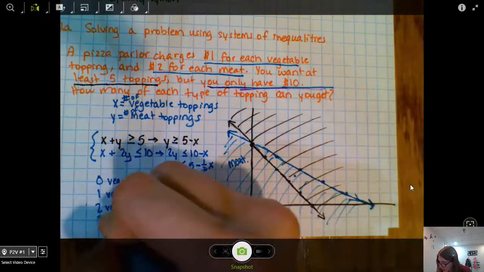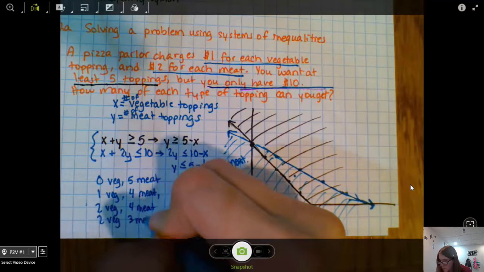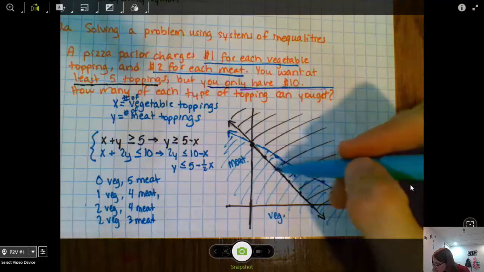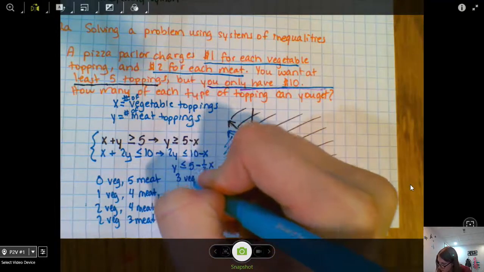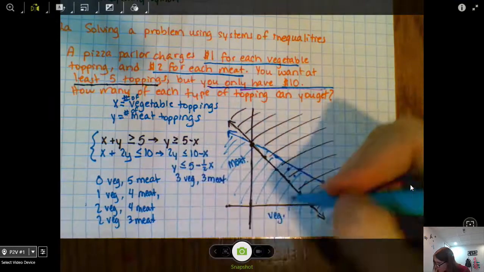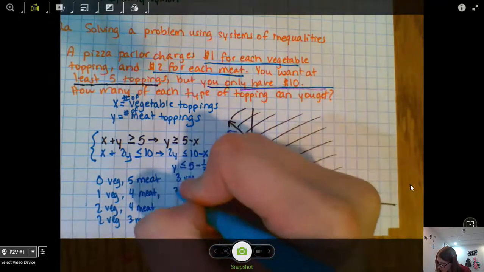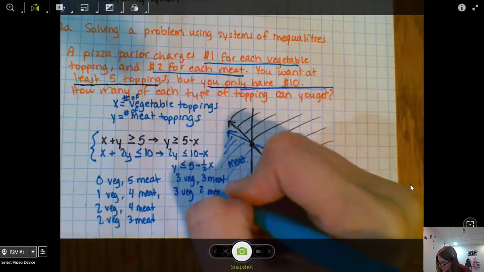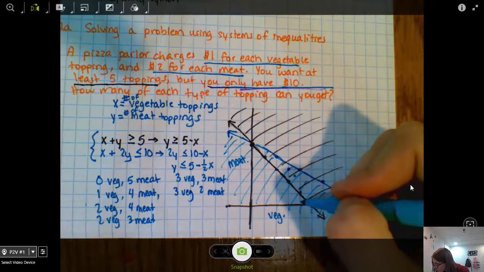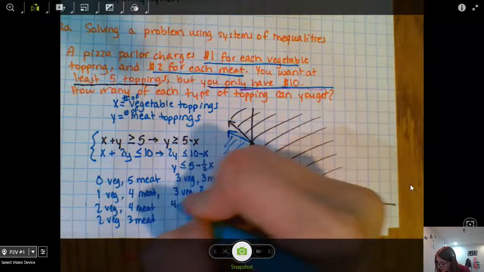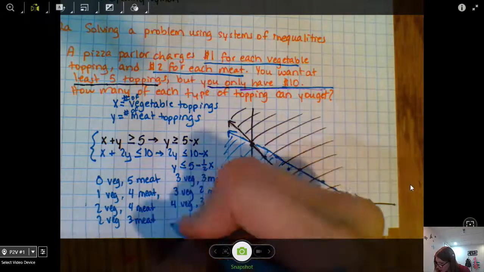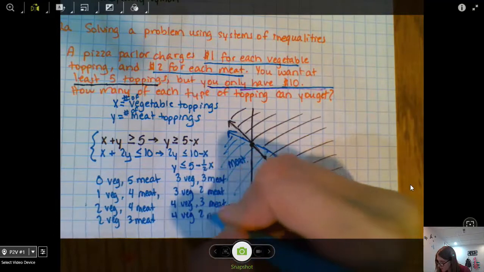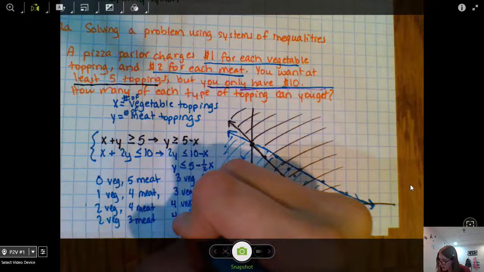I could have 2 veg and 3 meat. Right here, I could have 3 vegetable, 3 meat. 3 vegetable, 2 meat. 4 vegetable, 3 meat. 4 vegetable, 2 meat. 4 vegetable, 1 meat.